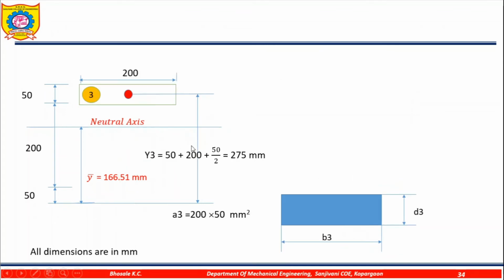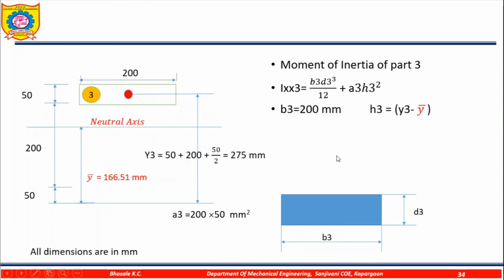Then we'll find out the moment of inertia of part number 3. That is B3 D3 cube by 12 plus A3 H3 square. B3 is the horizontal dimension, and D3 is the vertical dimension.